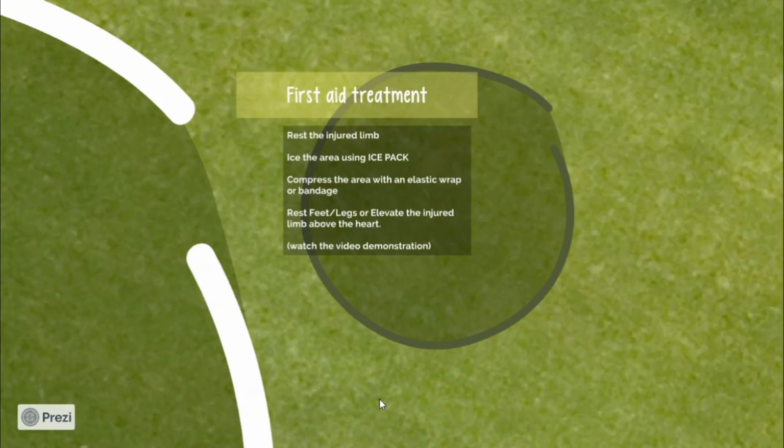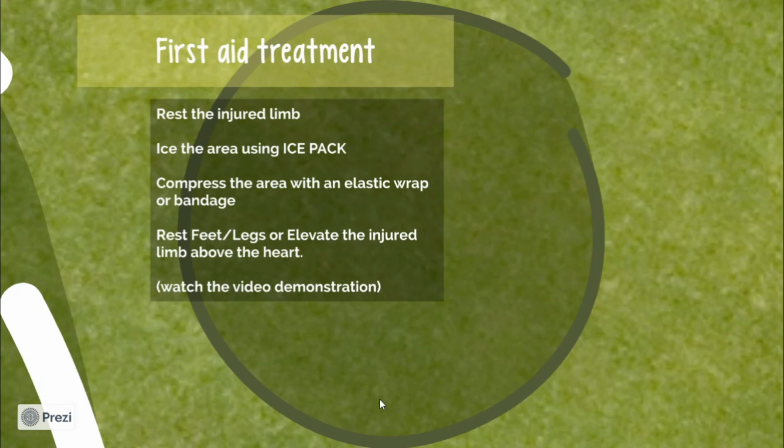So first for that is rest the injured limb, or any kind of part of the body, or the leg part, you need to rest the injured limb. Okay, and then second, you need to use ice, okay, and put it to the area where the sprain and strain affect. Okay, you can use an ice pack. Okay, that is what we call the cold compress.